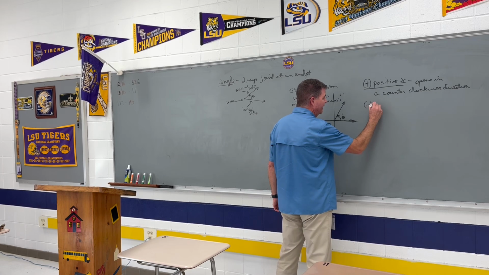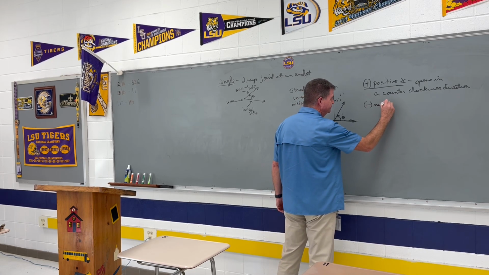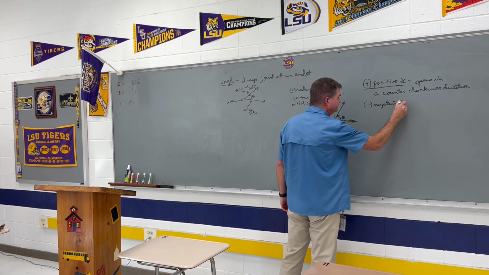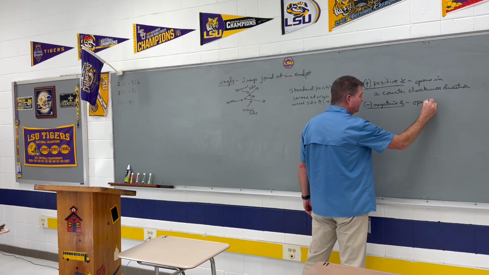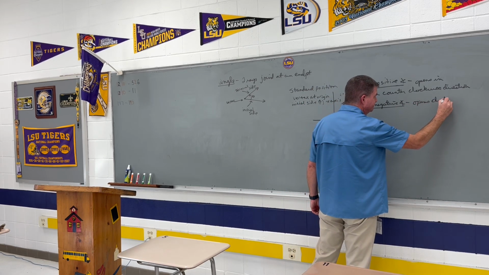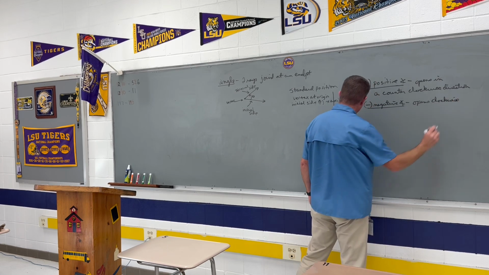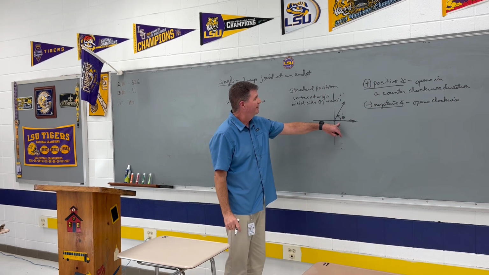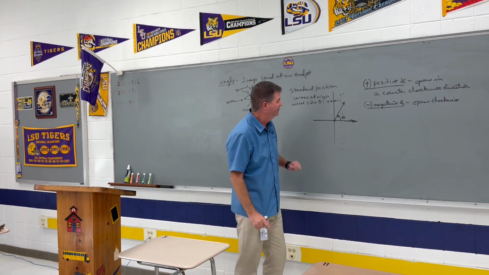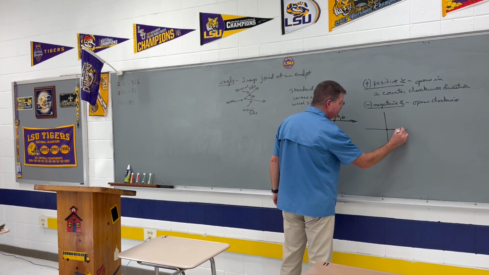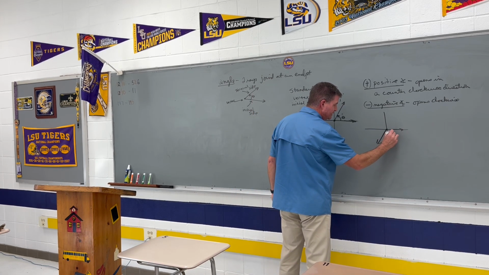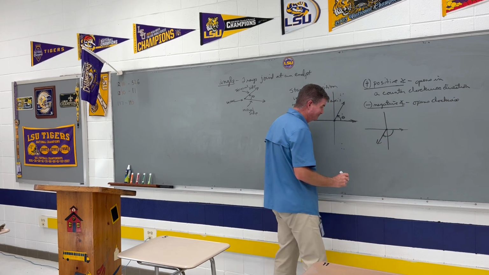A negative angle is the opposite. It opens clockwise. So this would be an example of a positive angle opening counterclockwise, and an angle that would be negative would just open in a clockwise direction or with the clock.